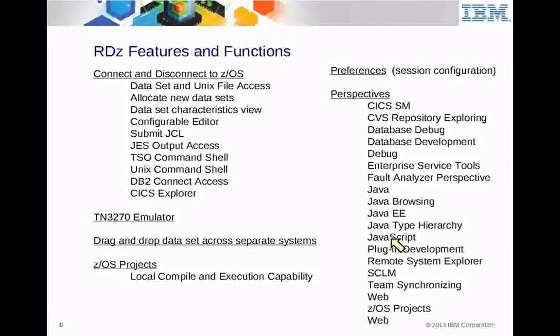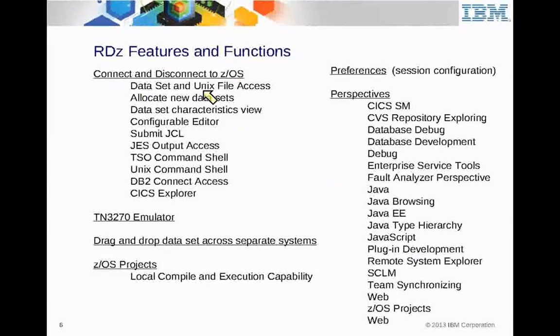And so there are different perspectives that you can have running and switch between. You can also connect and disconnect. Actually, I should just say connect to a z/OS and, of course, disconnect from it.